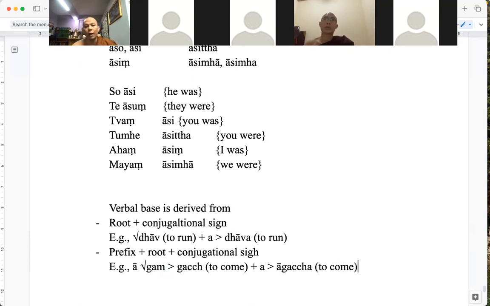Whenever I say verbal base, it is the combination of root and conjugation sign, or prefix, root and conjugation sign, based on the verb. After the verbal base, by adding the verbal termination, we can form present tense, future tense, past tense, imperative and optative easily.